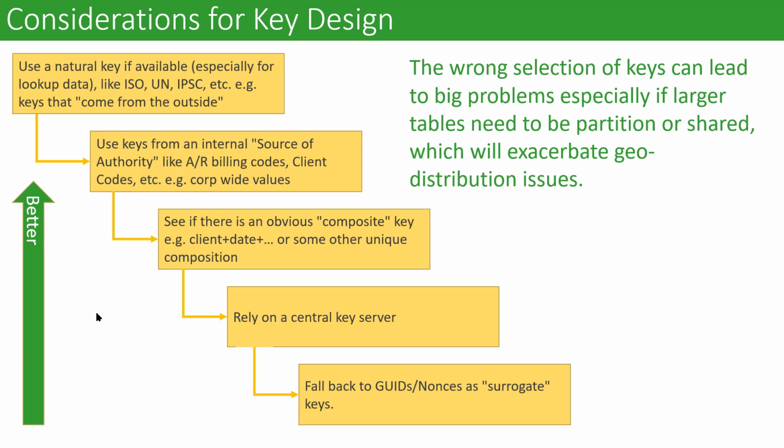If you can find an outside vendor of master data that you can grow on. So if you're trying to keep track of corporate entities, right, you could use Dun & Bradstreet or whatever. But things that come from the outside as natural keys.